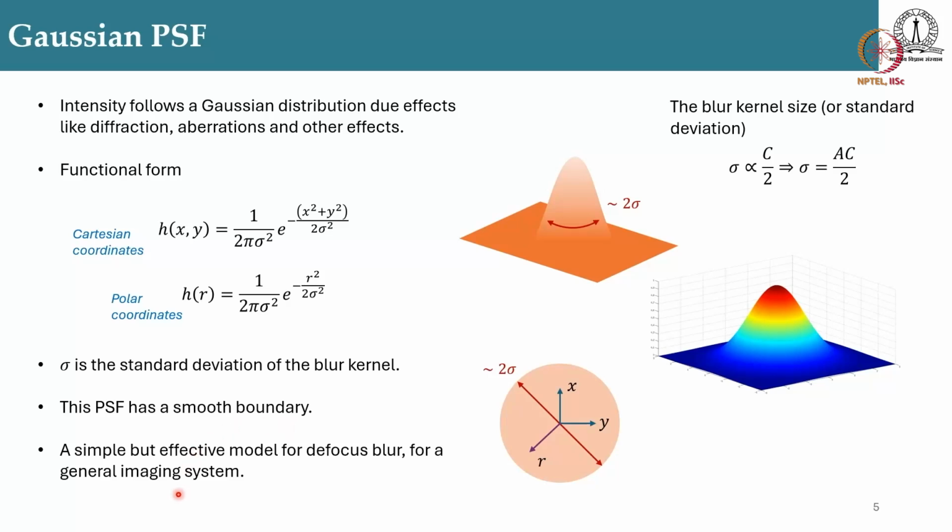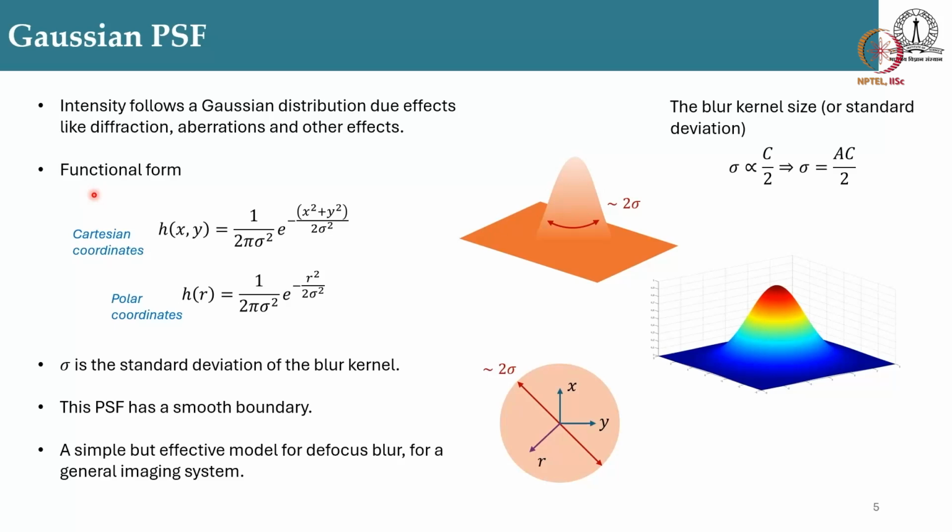It has been observed that this blur kernel appears frequently in a lot of imaging systems, and hence can be used as a generalized model for a particular kind of imaging system, if I put it in a more explicit way. And these non-sharp boundaries are because of effects like diffraction or aberrations in your imaging system and other effects.